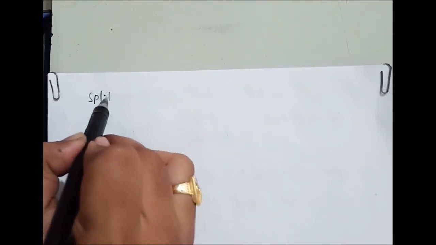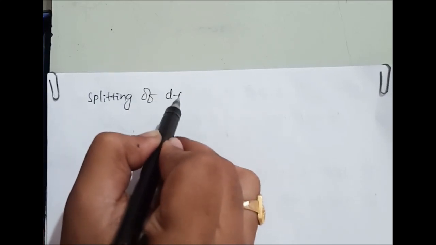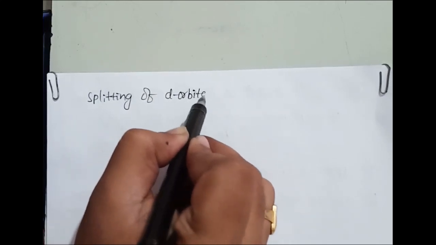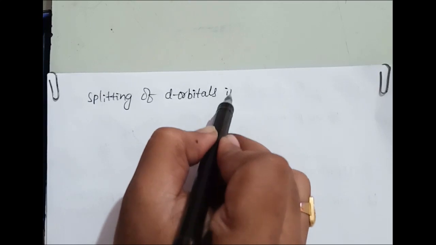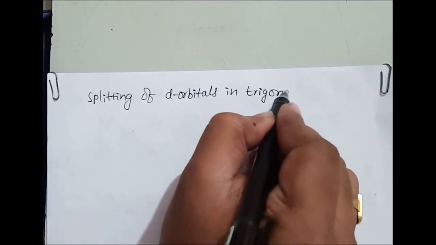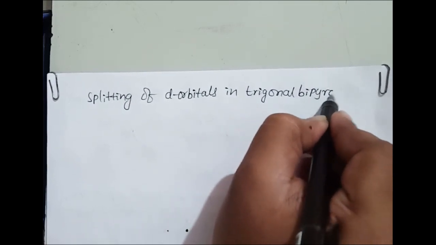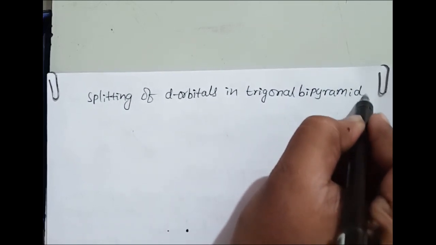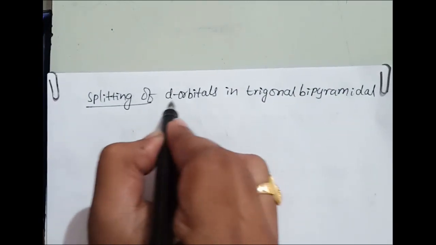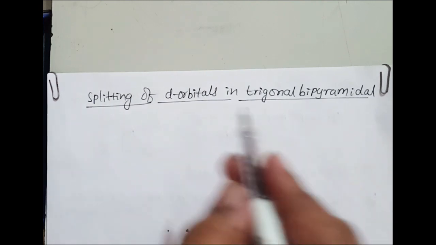Now the last one is the splitting of d orbitals in trigonal bipyramidal system. How will d orbitals be split in trigonal bipyramidal?